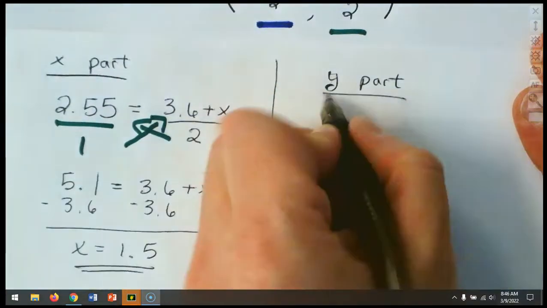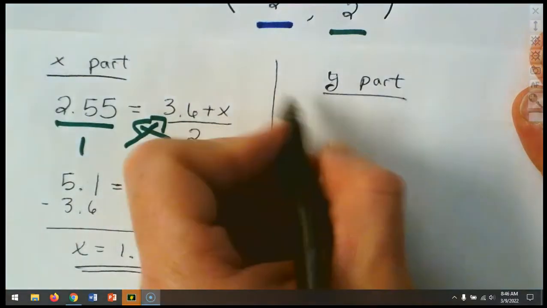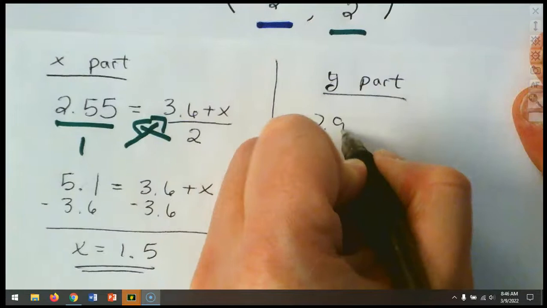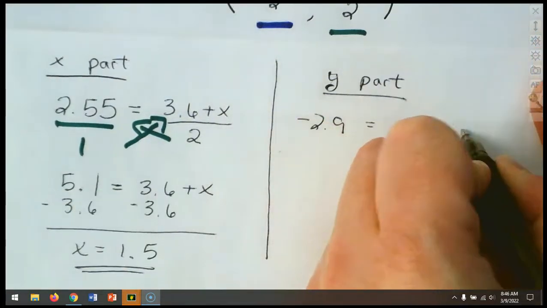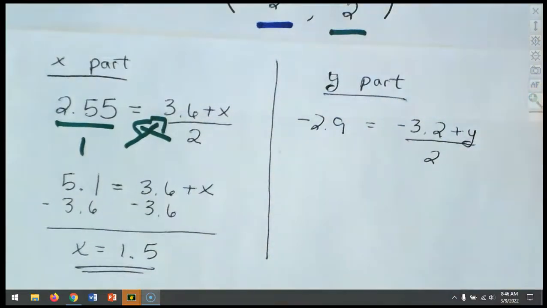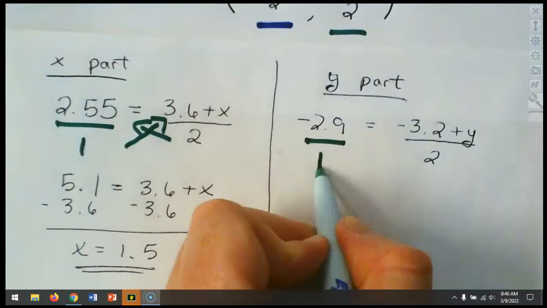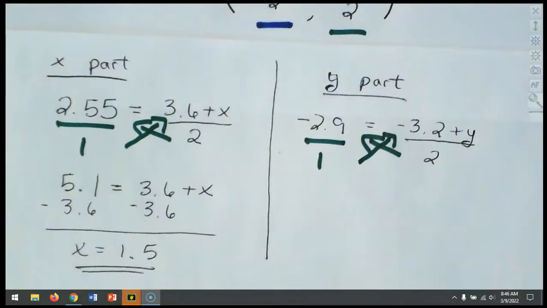And for the y part, same procedure. We've got a minus 2.9 equals a minus 3.2 plus y over 2. And so then we'll put this over 1. And we will then cross multiply again.